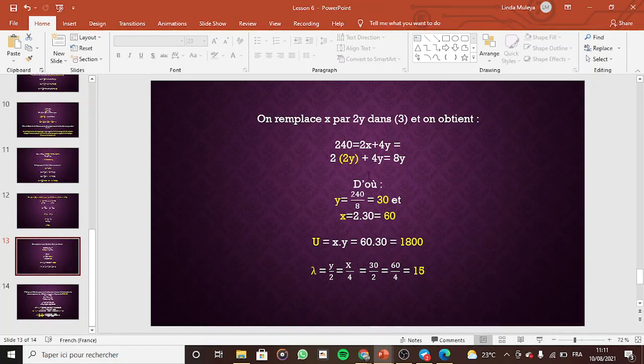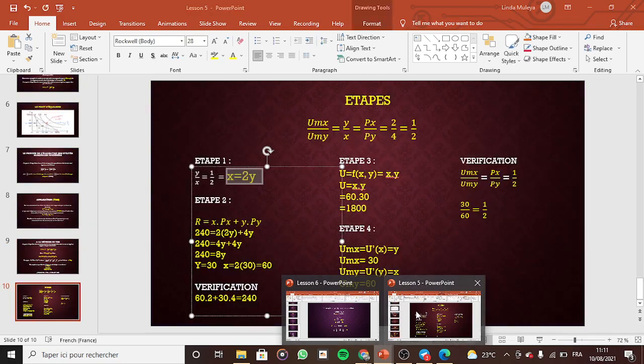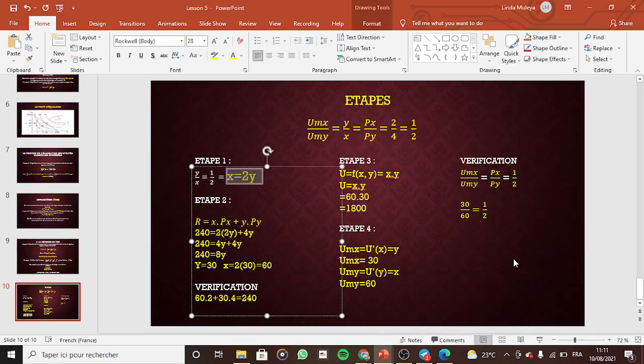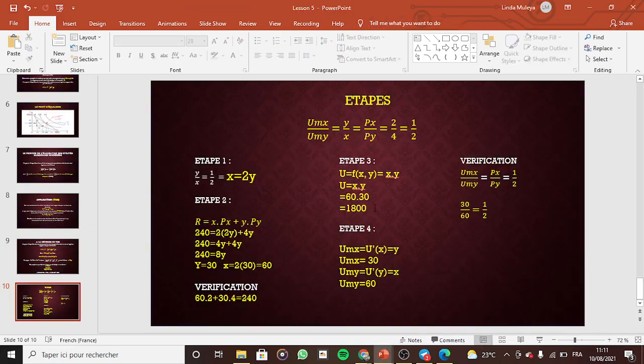And since x is equal to 2y, we say 2 times 30 is equal to 60, which are the very same values we found in the previous application. What we'll do is we'll get these values of x and y, replace them in our formula for total utility, and it gives us 1,800, which is the same answer we found even in this case in step 3.